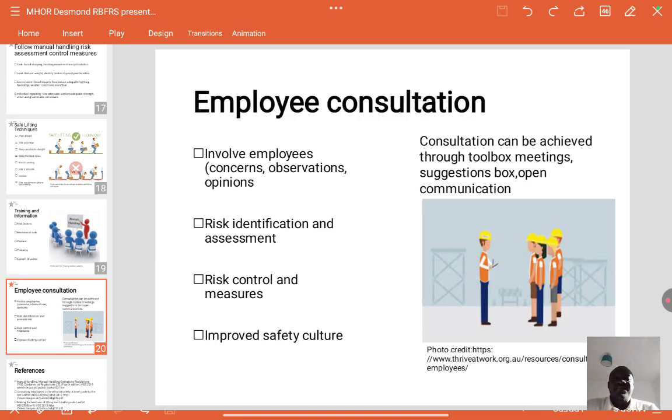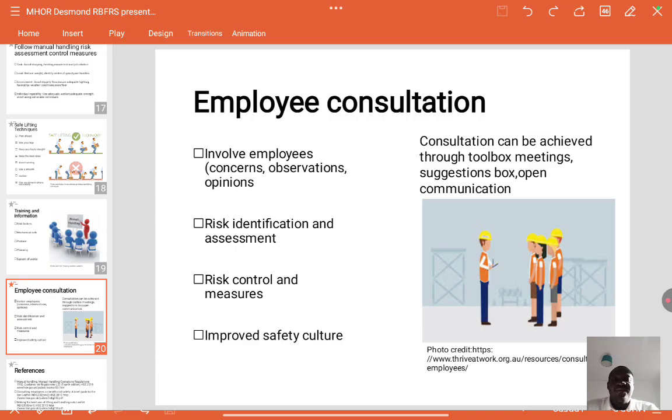Now the next aspect is employee consultation. You would also need to involve employees in all aspects, even after the risk assessment, in training, and in undertaking of the job. You have to provide ways for them to give feedback whilst undertaking the jobs. They are carrying out the procedure for the works, following the risk control measures, and improving safety culture by following the procedures you have outlined.